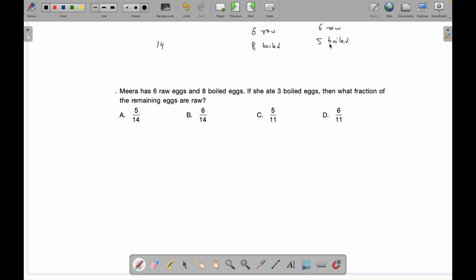This is what is remaining now. So 6 plus 5 is 11. So instead of 14, we'll have 11 as the denominator. Why? Because we are interested in the fraction of remaining eggs, right? Again, the denominator is 11 and not 14. And the numerator is the number we are interested in. We are interested in the number of raw eggs, which is 6, right? So we'll have 6 by 11 as the answer.